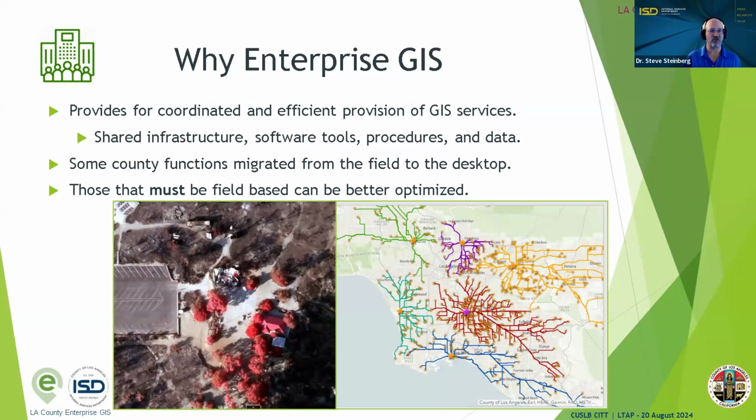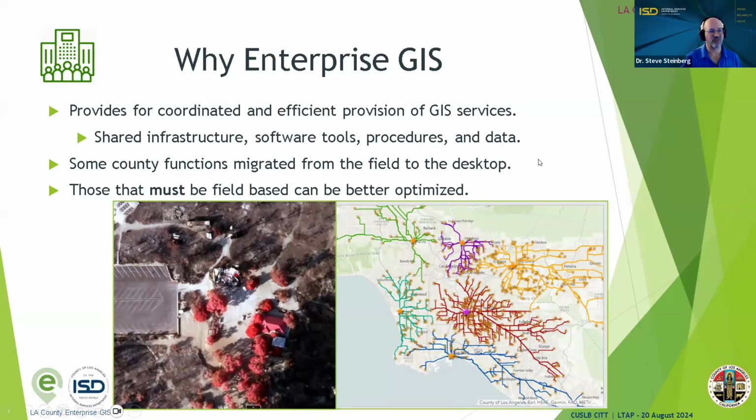So we have a single authoritative source of data and information that everyone can leverage. Like Tim's is an authoritative source for traffic collision data. We manage something on the order of about 800 data layers for LA County across every possible theme that you can imagine, from infrastructure to service areas to whatever it may be, across all of our departments.